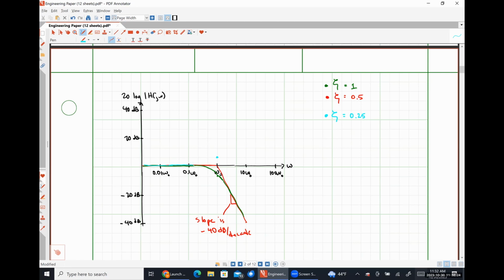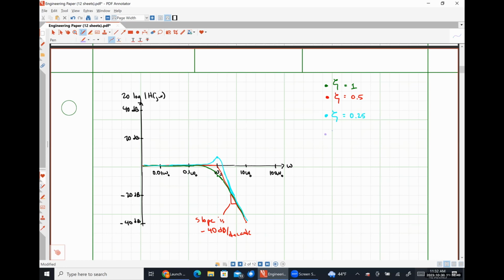And so what we're going to see is it's going to increase, pass through that point, and then decrease rapidly until it falls back in line with that slope of negative 40 decibels per decade. And all of our subsequent points are going to look like that as well. It's just the increase gets larger and larger, right?